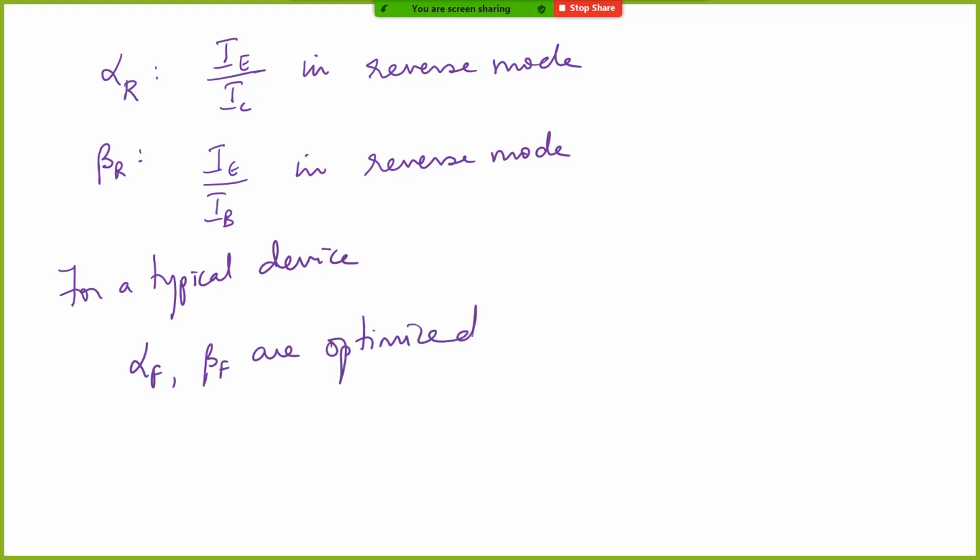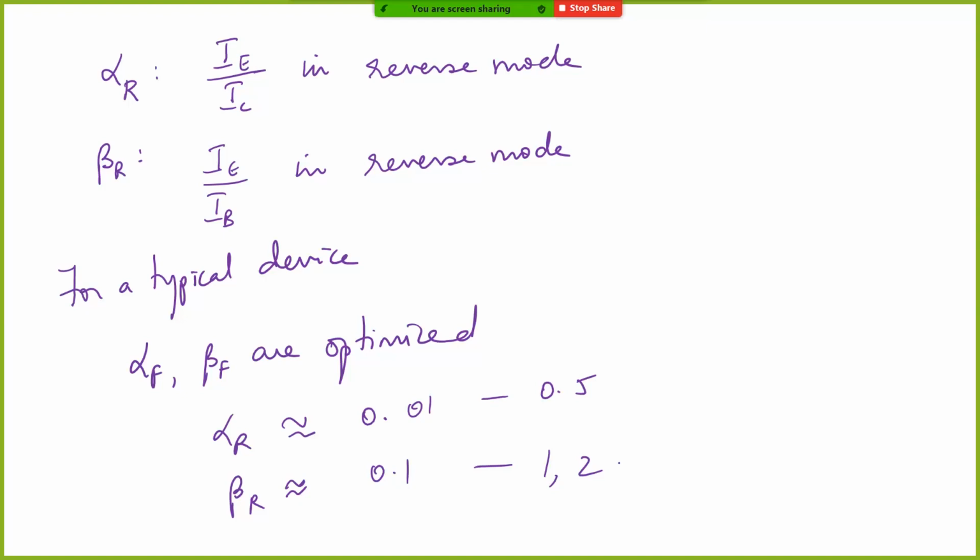If you take that device and operate it in reverse mode, your alpha R can range from something like 0.01 to 0.5. Each device will be somewhere there, but this is the range. Even your beta R can range from something like 0.1 to maybe 1 or 2. So your beta is very small, and your alpha R is even smaller.